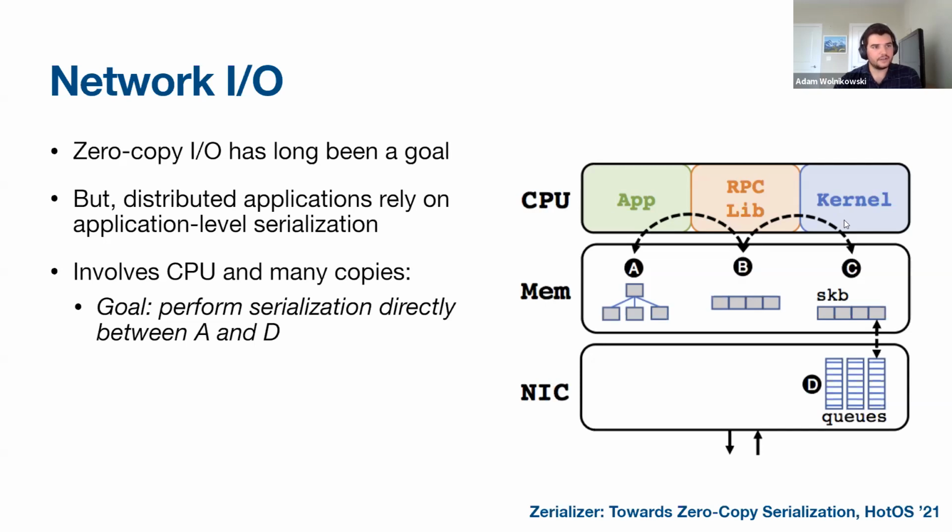Then it needs to be transferred again into the kernel socket buffers, and finally transmitted out through the NIC queues. So it's a relatively long and rigorous process. That's a good number more copies than zero copy. And of course, the goal would be to perform serialization directly between the unencoded memory representation and the NIC queues, between A and D.